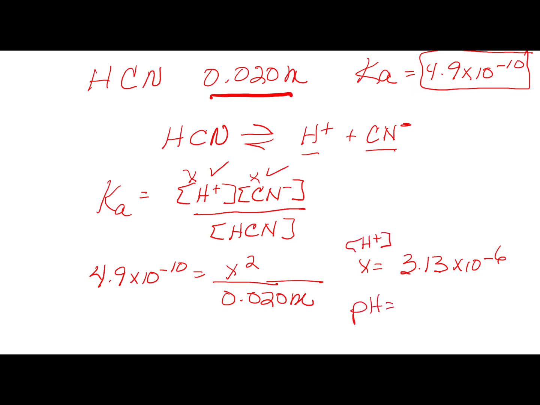And so the pH is going to be the negative log of the hydrogen ion concentration, 3.13, second E minus 6. And the pH in this case will be 5.5. You are going to do all of the weak acid problems the exact same way.